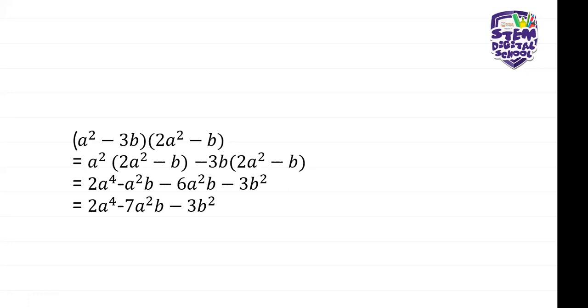The coefficient of b is negative 3, and the coefficient of a squared there is 2. So if you multiply negative 3 by 2, you will get negative 6. And then if you multiply b and a squared, you will get a squared b. So meaning that your answer there will be negative 6a squared b and minus 3b squared. So the last one, negative 3b times b, gives negative 3b squared.